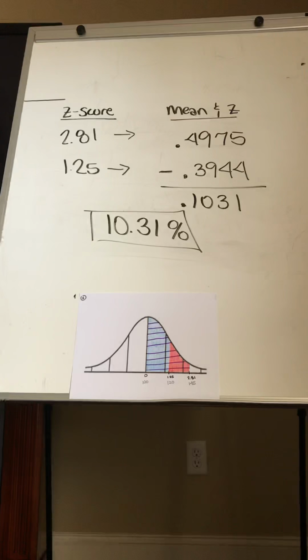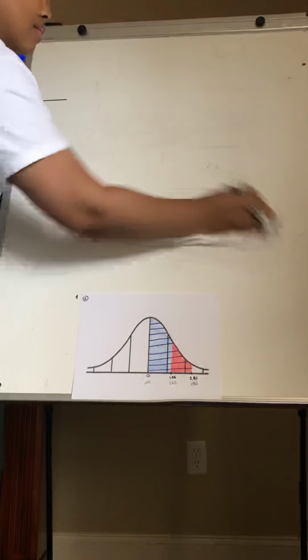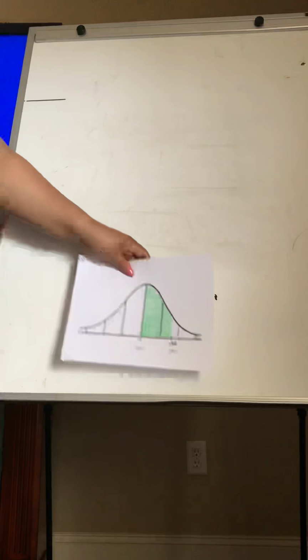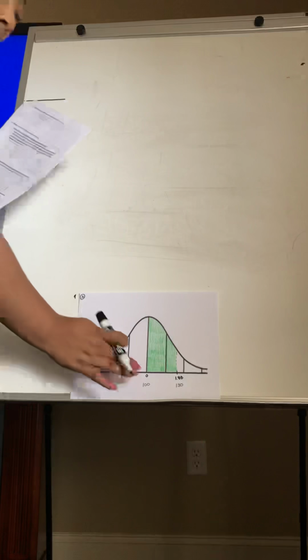Okay, let's look at the next one. Number 3. Number 3 says, using the same mean of 100 and standard deviation of 16, determine the percentage of people who have IQs between 100 and 130. Now, I hope you notice that your start, 100, is the middle.